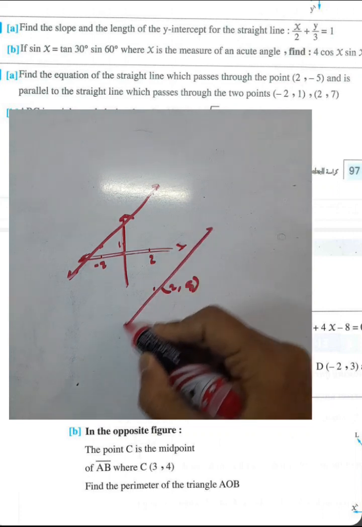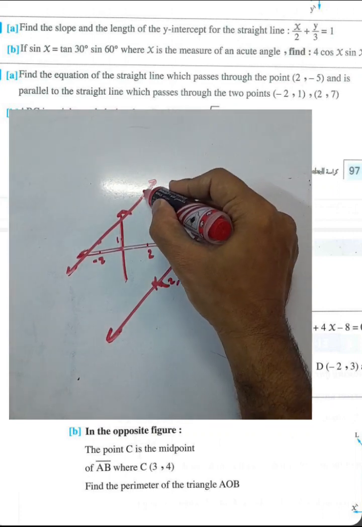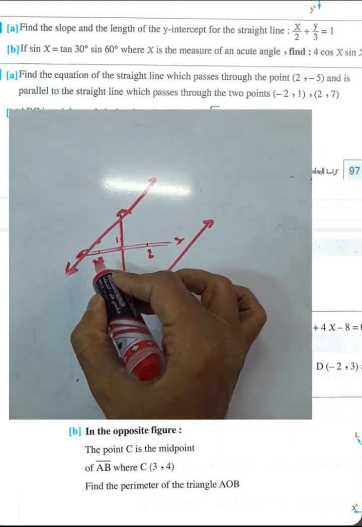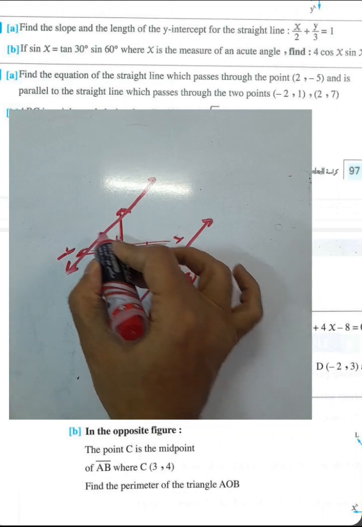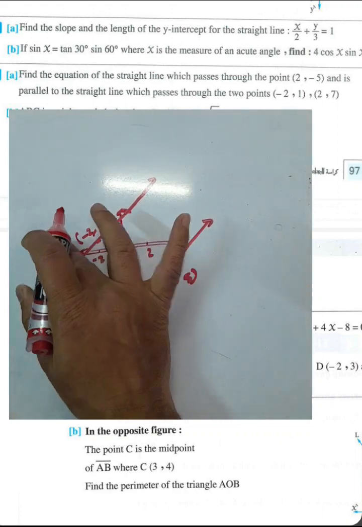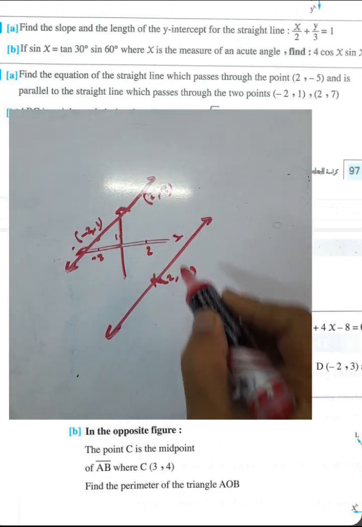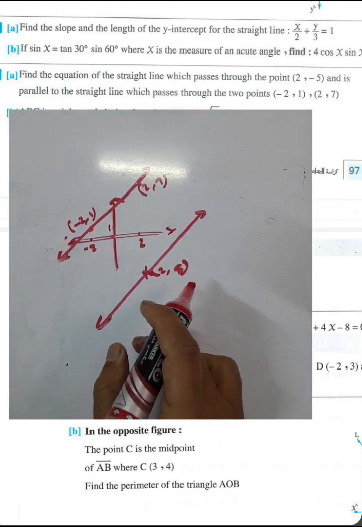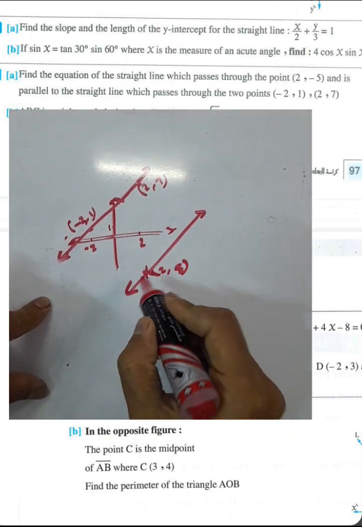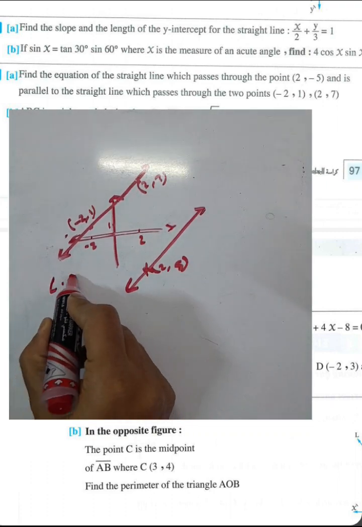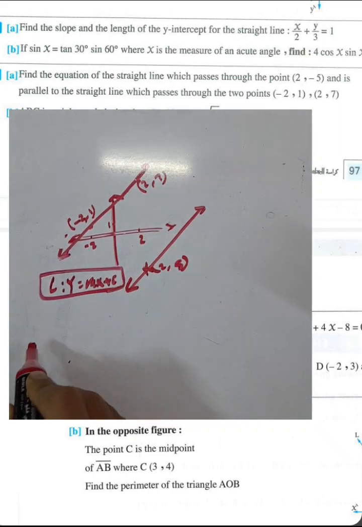We want to find the equation of the straight line which passes through the point 2 and negative 5 and is parallel to the straight line which passes through 2 points, negative 2 and 1 the first point, and second point 2 and 7. Okay, we will put the equation of the straight line L1 such that y equals mx plus constant.